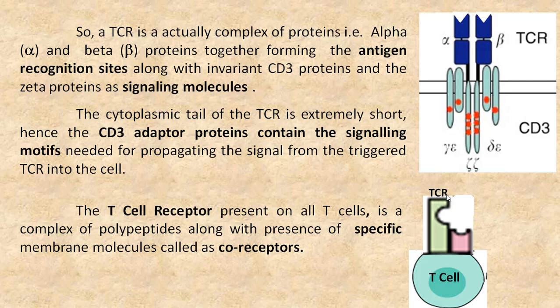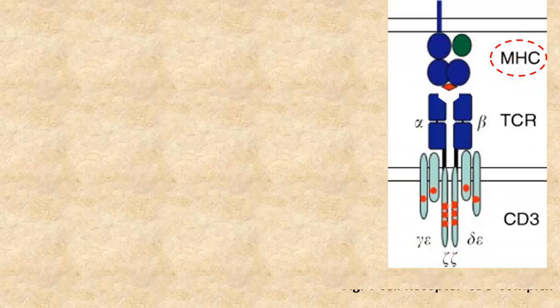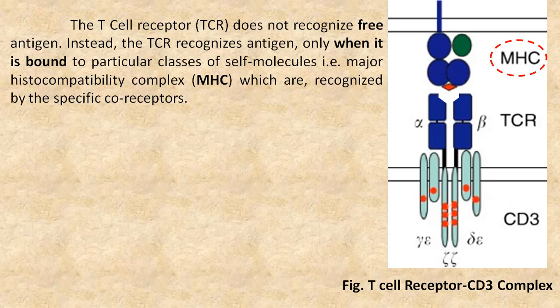The T cell receptor present on T cells is a complex of polypeptides along with the presence of specific membrane proteins called coreceptors. The T cell receptor does not recognize free antigen.